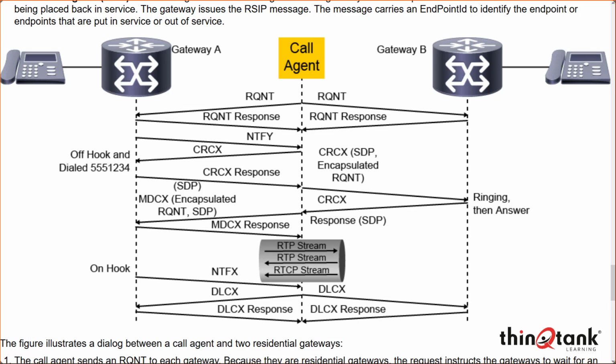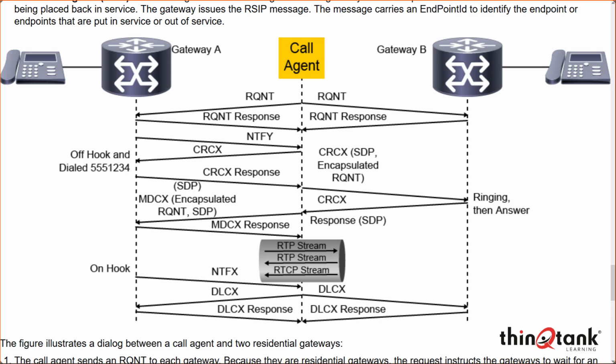Notify identifies that the endpoint in this case now is dialing digits, and we're going to send that information. And then based on the digits that were dialed and captured, we identify whether or not the call can proceed. The call agent says, yes, the call can proceed. So it basically tells the gateway, the CRCX, which is connection request, to the endpoint.